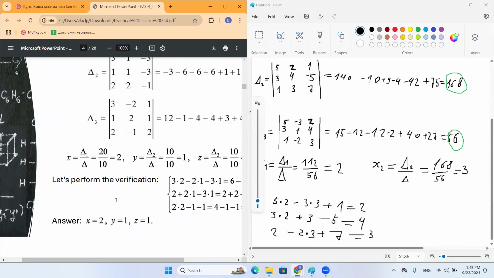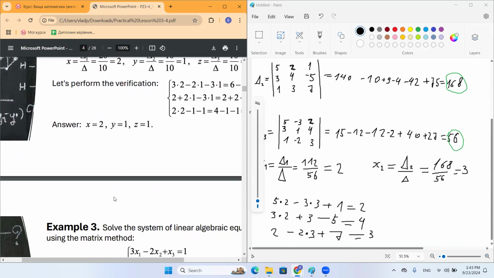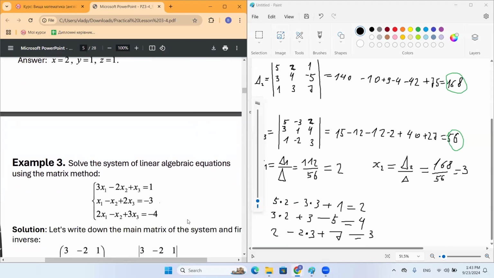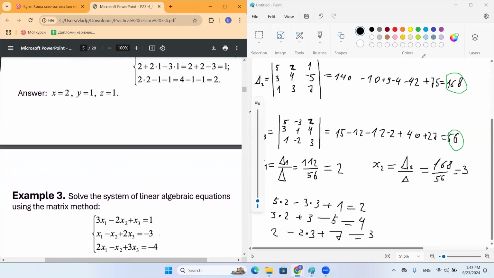Maybe you have some questions for now about Cramer's formulas? No questions. Okay. And now let's use the matrix method.